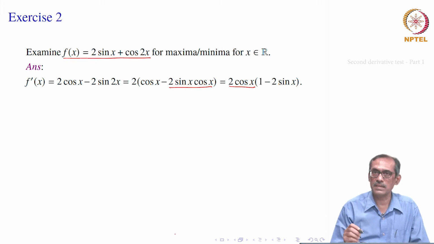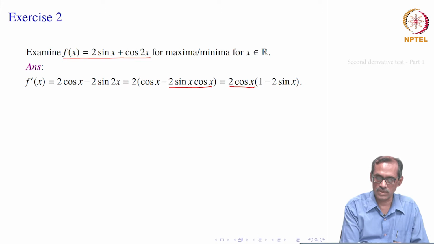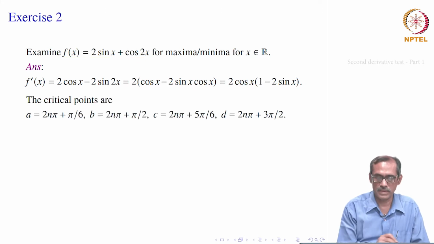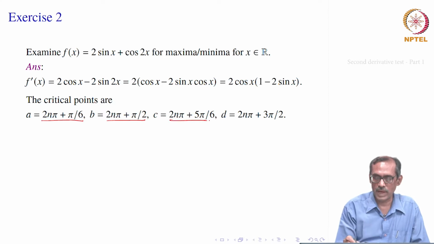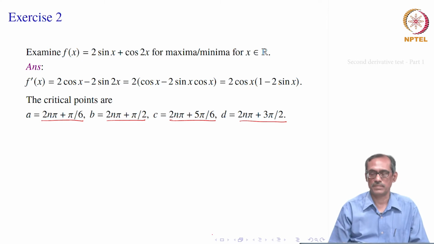We want to find the critical points. So, where is this 0? Where cos x is 0, or where sin x equal to half, fine. So, the points are 2nπ plus π/6, 2nπ plus π/2, 2nπ plus 5π/6, 2nπ plus 3π/2.